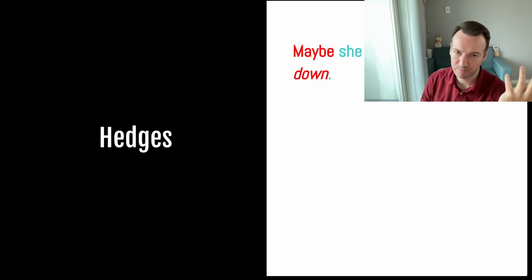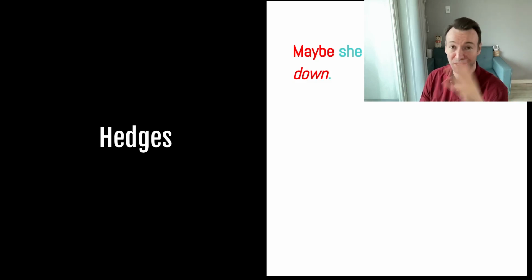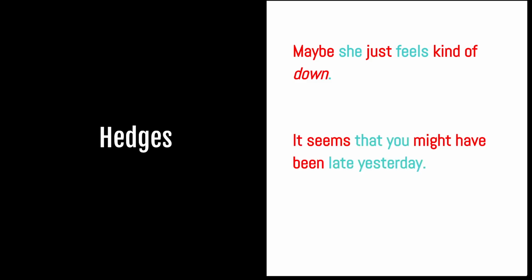Kind of is reducing. And down, so we're not saying the word sad. Sad feels quite strong. It's not an ambiguous word. We know what sad means, but down a little bit less definite. So maybe she just feels kind of down. Okay, so we're reducing the impact.